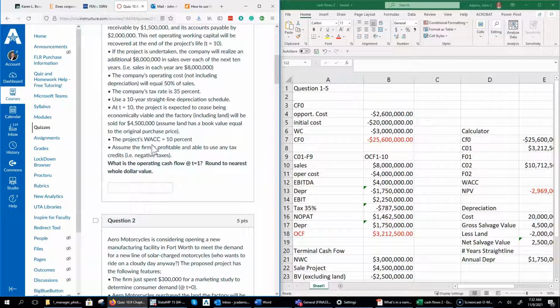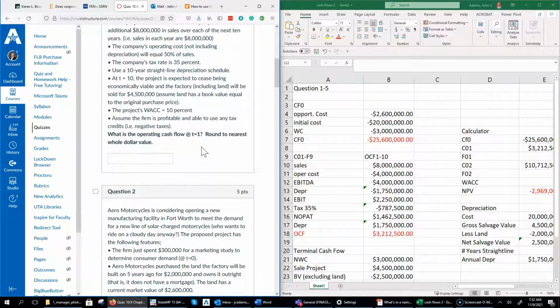It's no longer economically viable. And we're going to sell the project for $4.5 million, which includes the land that's sitting underneath that factory that was built. And we've got a weighted average cost of capital for this project of 10%. And if the firm is profitable, any tax credit, negative taxes, is going to be a credit.